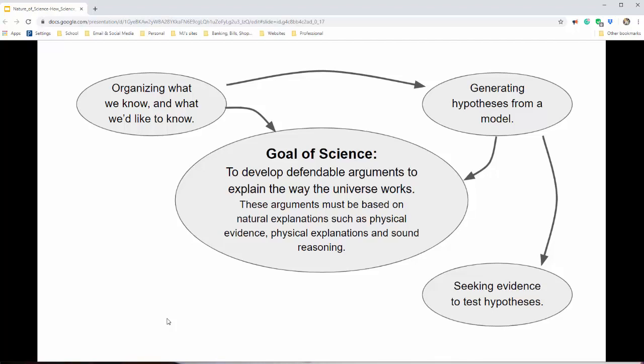While we know things happen, figuring out why, that's the tough part. All right? What does happen goes to laws. What causes it to happen goes to theories. Okay? Theories don't give you laws. Theories explain laws. And that's part of explaining the way the universe works. That's part of that defendable argument.